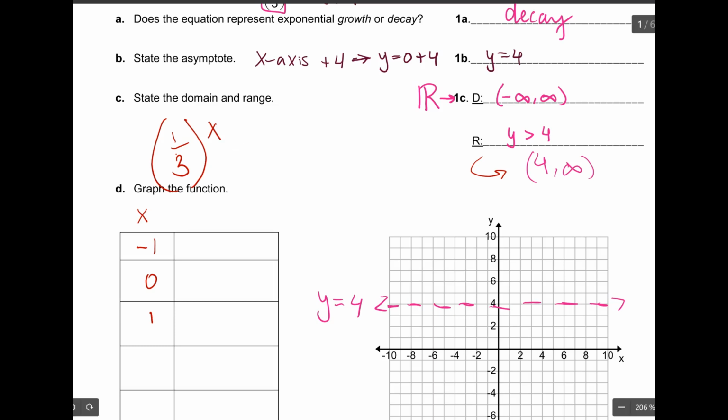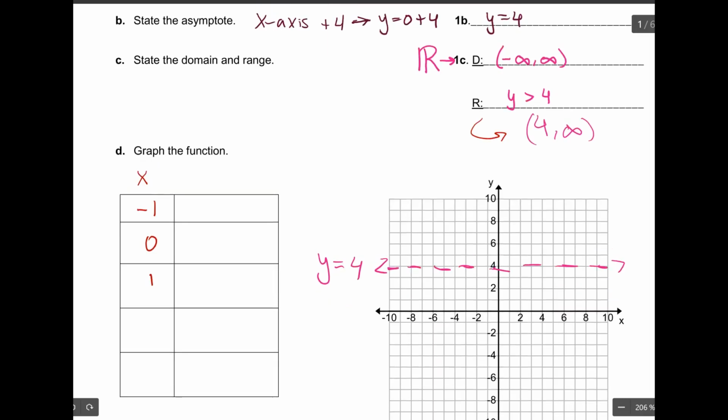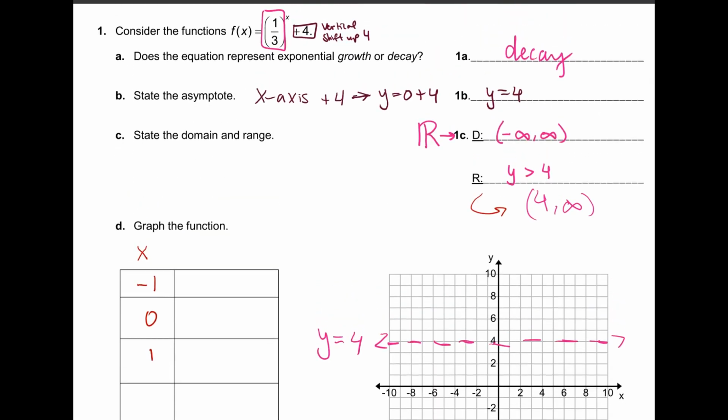Here, I just have x, so all my numbers are going to be clustered around 0. That's a hint. All right, plug in the numbers and see what values we get. This is a test review day, I shouldn't have to walk you through everything. Try it out. I want you to know how to do this. Plug in these three numbers and see what values we get.